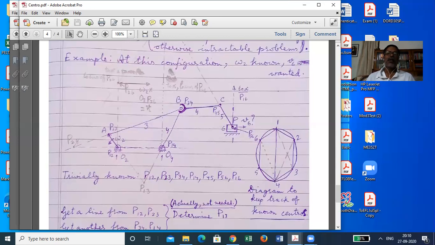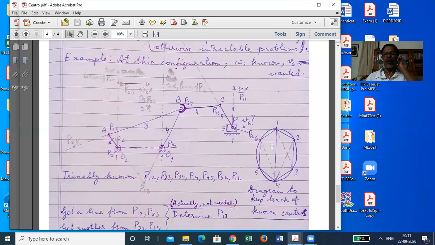So these two you know, you draw this line. Wherever the two lines intersect, that will be the location of P13. But P13 actually is not needed for this problem because it is not helping you in any way directly. So let us disregard that.